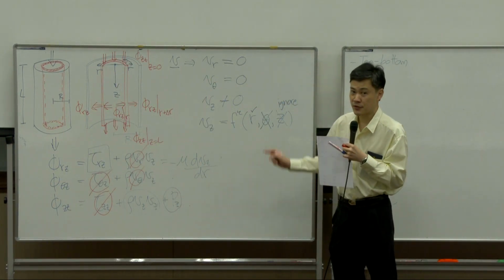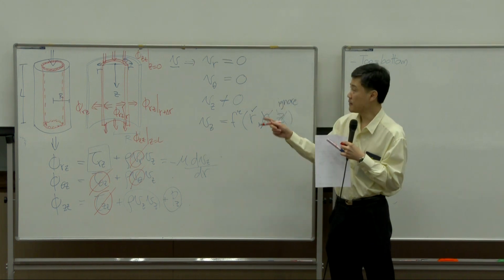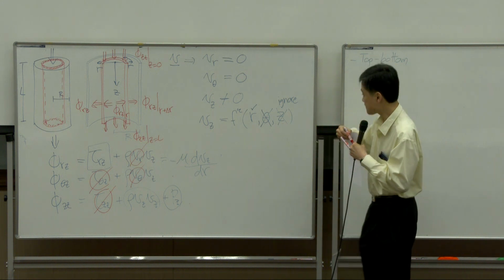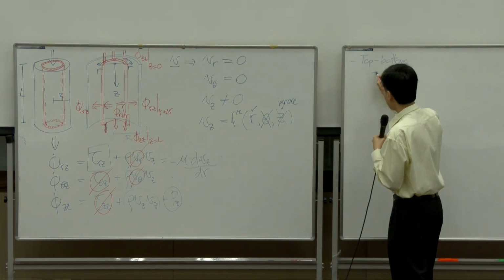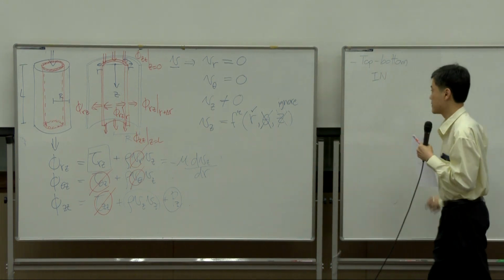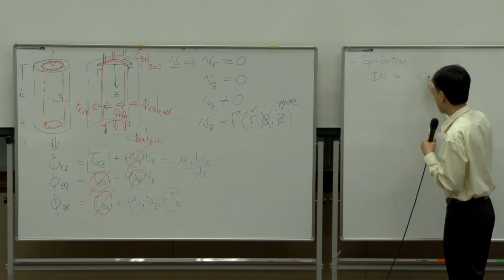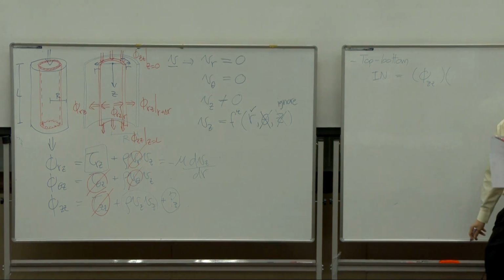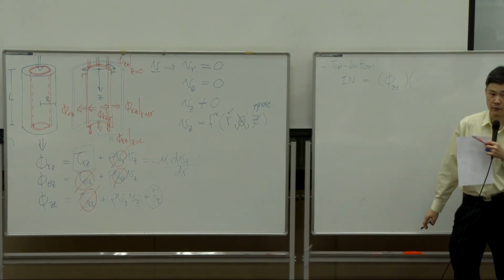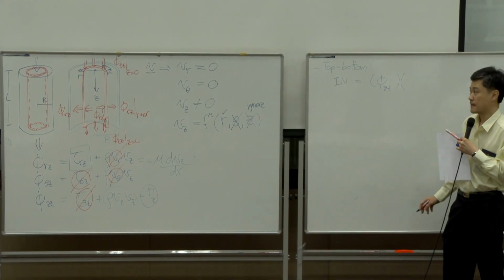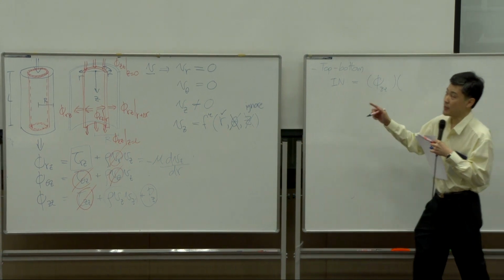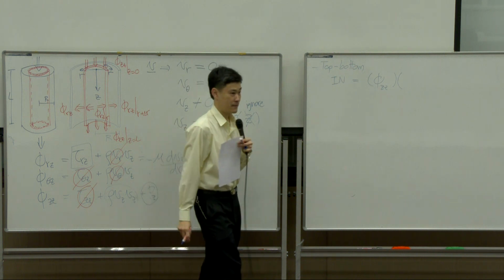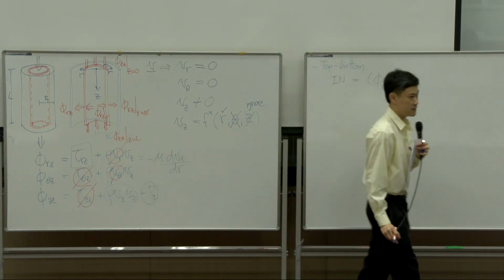So the flux associated with that direction must be ZZ. So the momentum going in is the flux multiplied by the area perpendicular to the transfer direction. What is the area? Highlight here. How would you calculate the area?